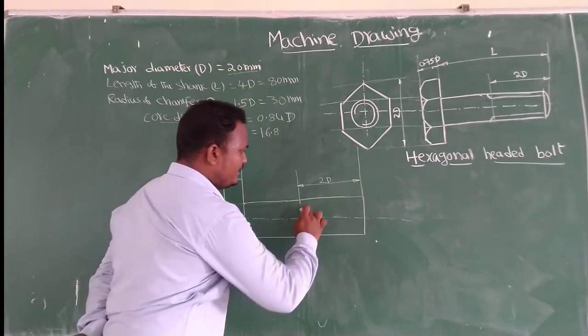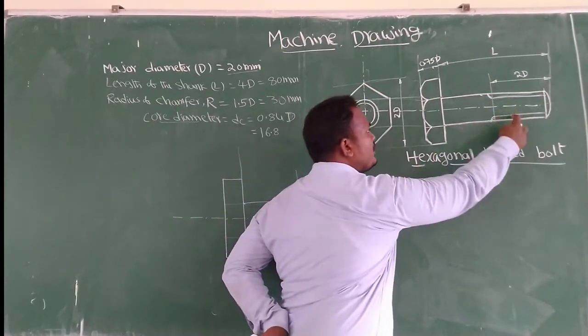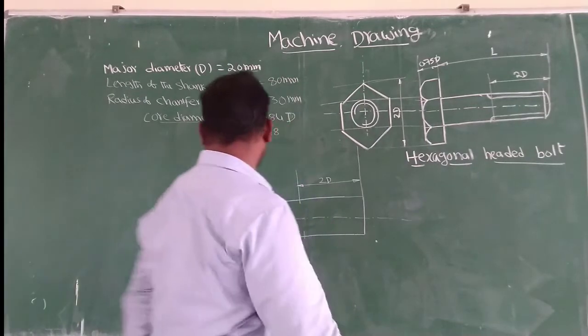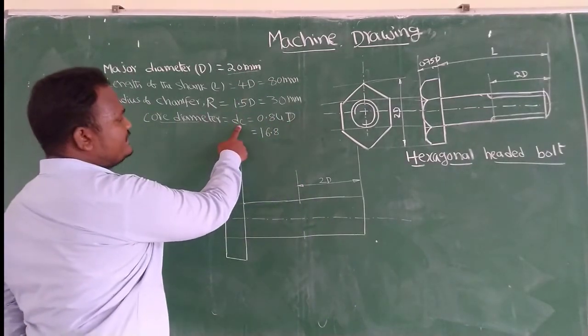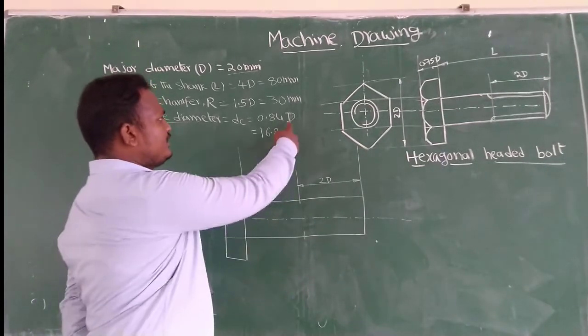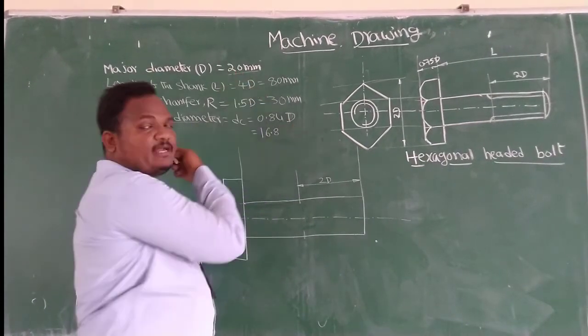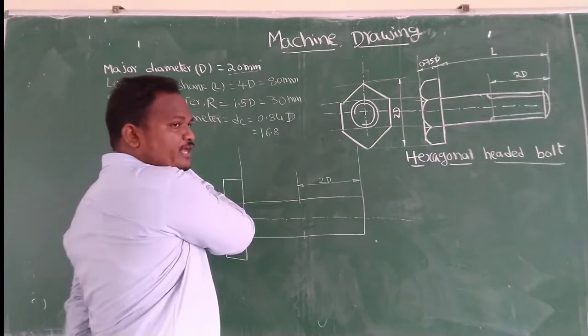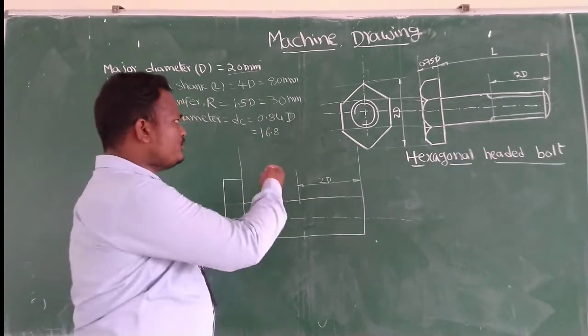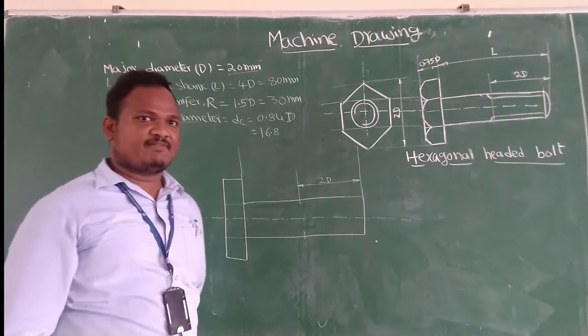Here this is called the core diameter, the thread diameter, core diameter DC. For DC we have the standard formula 0.84 into D. It depends on the initial diameter. So we get the core diameter, I got around 16.8, and I am assuming a round figure of 17 mm.